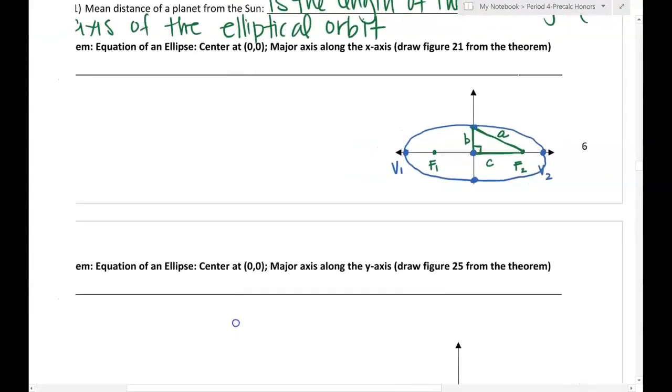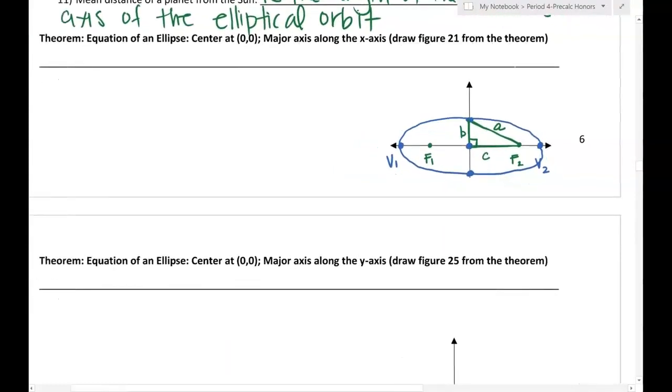So let's fill out a few things. We will have the foci at plus or minus C distance from the center, and the y is still at 0. The vertices are going to be plus or minus A distance from the center, and the y is still 0. We can also go and label these points here.